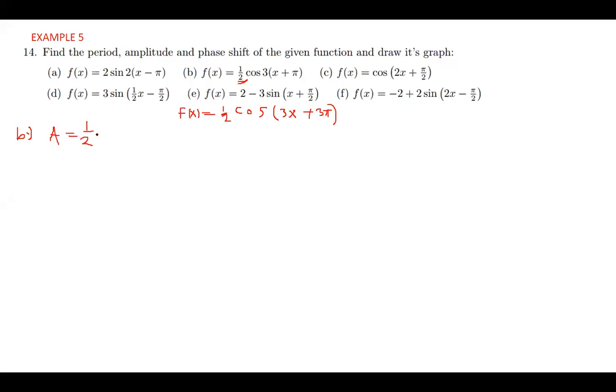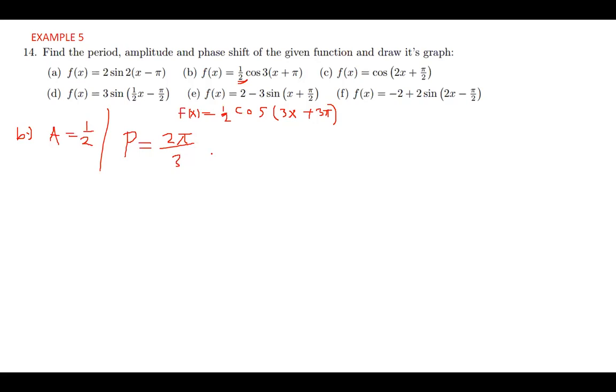So from there, we can now find the period and the phase shift. So the period, since our angles have been given in radians, we'll say 2 pi instead of 360. Say 2 pi over b, there is 3.